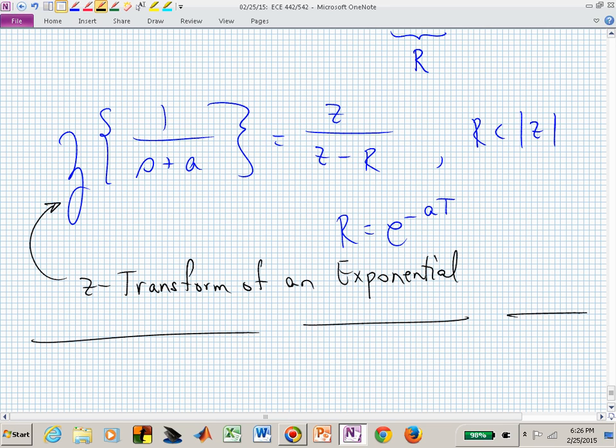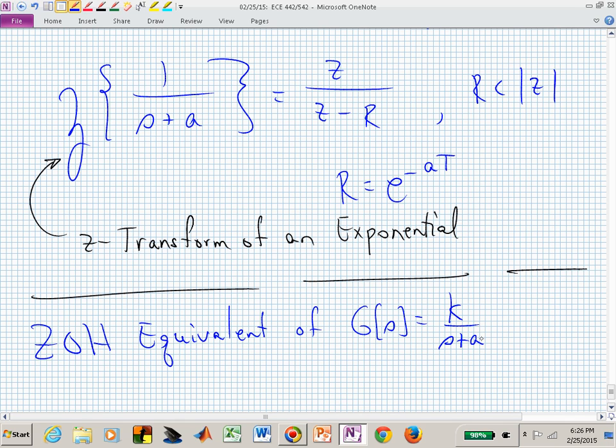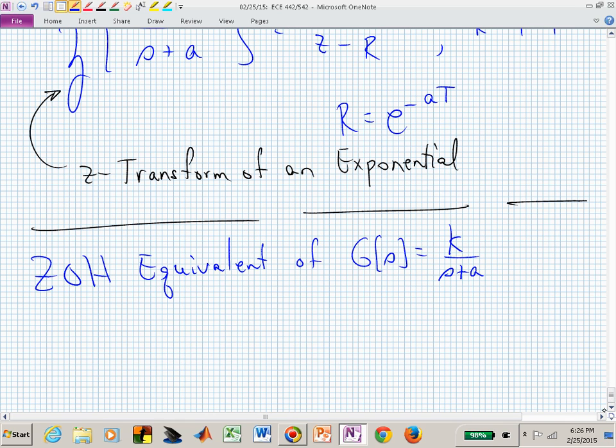Now that we have that, let's look at the zero order hold equivalent of an exponential. And now when I say zero order hold equivalent, this is now of a first order system or plant.